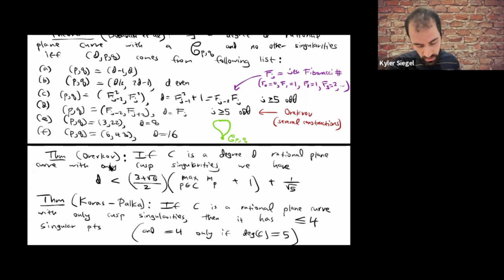So for a rational plane curve with only cusp singularities, or another way of saying that is a rational plane curve whose image is homeomorphic to S2, it can have at most 4 singular points, and in fact it can only have 4 if it's degree 5, and in that case there's basically a unique representative.